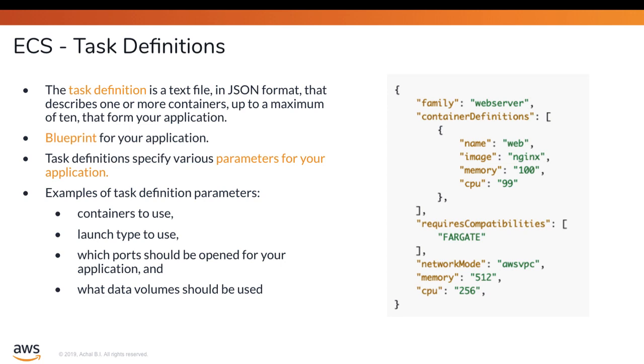So this awsvpc network mode is updated to those compliance requirements as and when they change. The examples of task definition parameters are containers to use, launch types, as I told, ports, data volumes, etc.